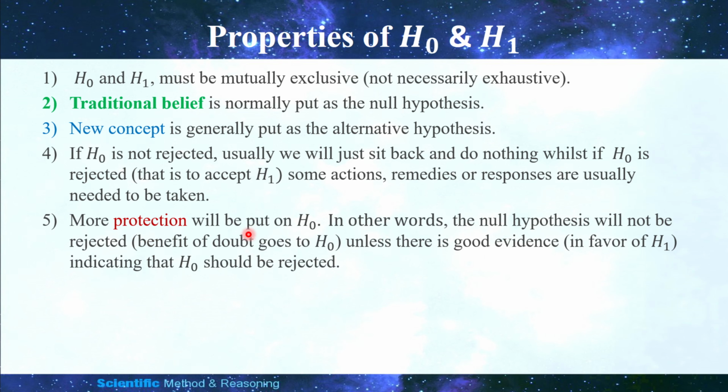And more protection will be put on the null hypothesis. In other words, the null hypothesis will not be rejected, as the benefit of the doubt goes to the null hypothesis, unless there is good evidence in favor of the alternative, indicating that the null hypothesis should be rejected. Good evidence means a small p-value.